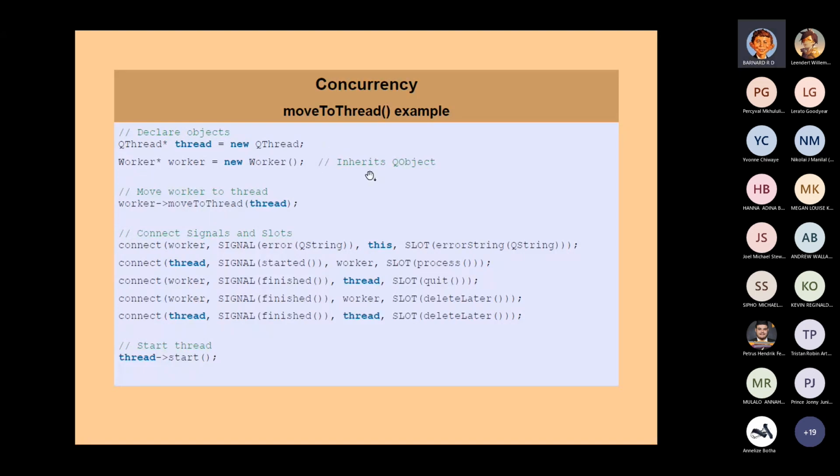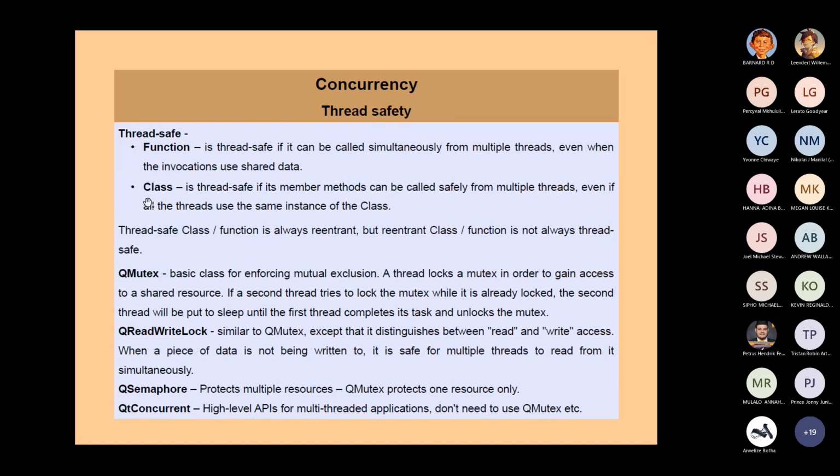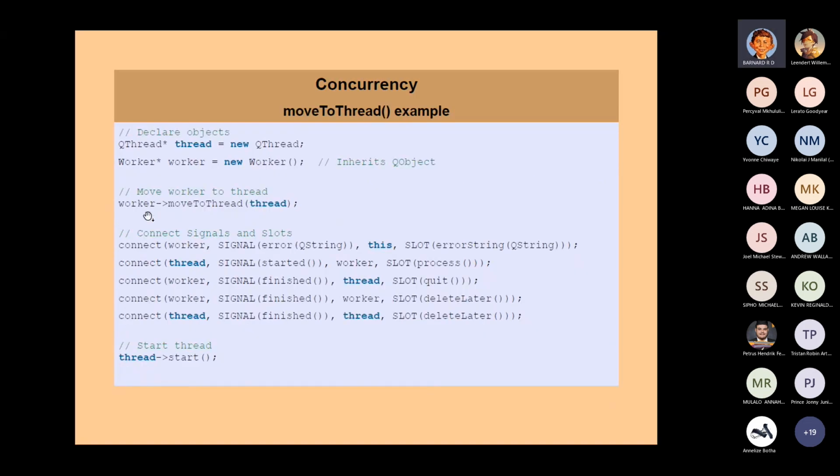So your worker class must inherit QObject. Once you've declared your thread and declared your worker, then you call the moveToThread method on the worker and you pass the thread as an argument. And that is basically all you have to do to implement QThreading.